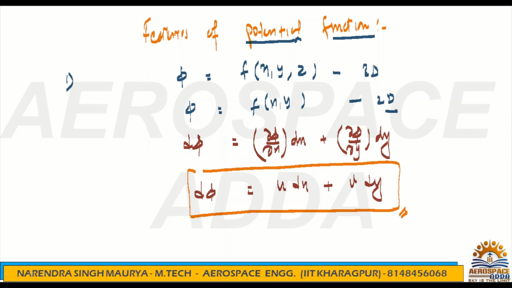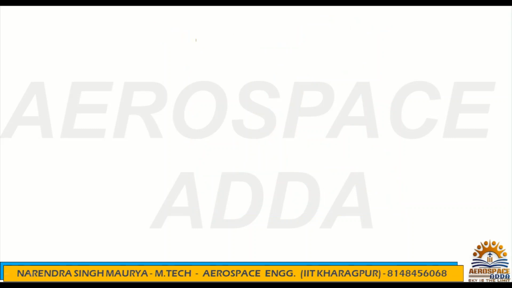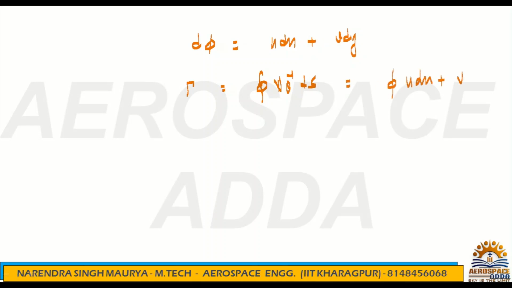Now, if you check for the Cartesian coordinate, d phi is equal to u dx plus v dy, we got. And now you also check circulation. I don't know if you remember or not, circulation was v theta into ds, and you had written for this also, it was u dx plus v dy, right?